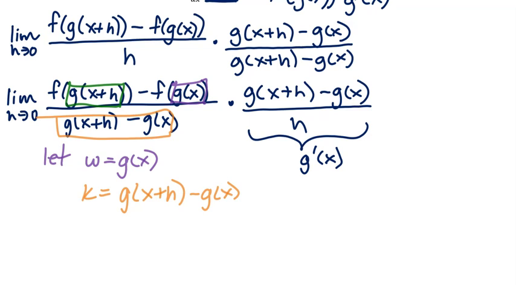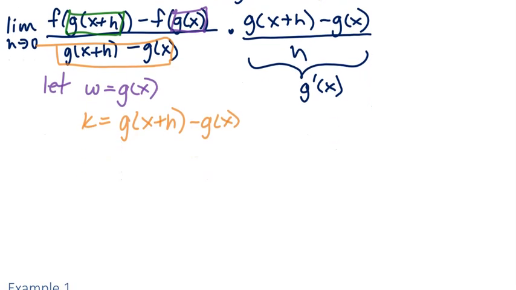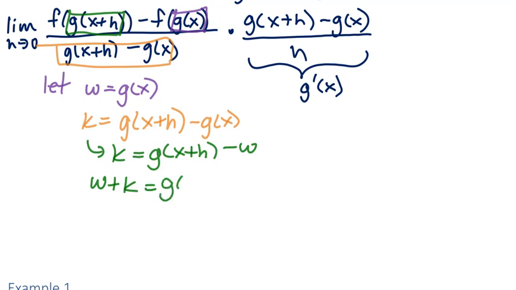I've just not called that one out in the same way because I don't need to define another variable. I've already got it covered if I just work with what I've defined here. If I continue with this, I can say that k is equal to g of x plus h minus w, which means that w plus k is equal to g of x plus h. So that will replace that final piece.